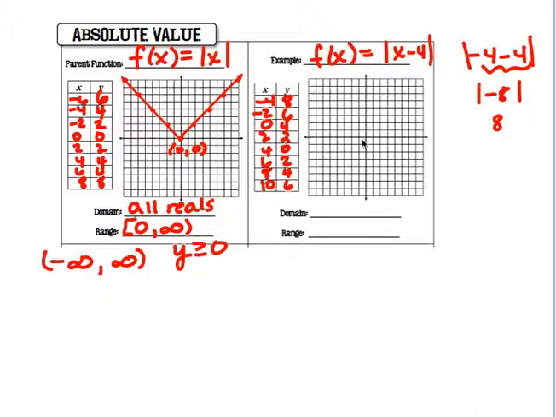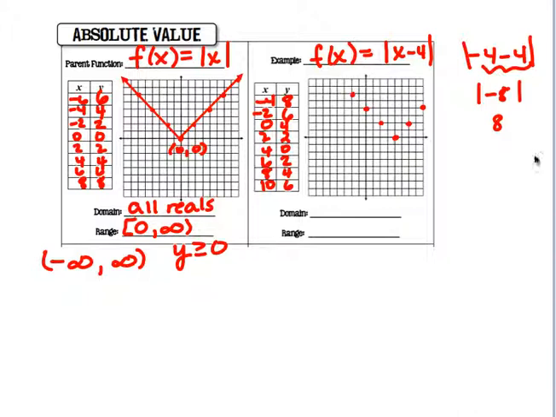So this one starts off, as far as the vertex goes, 1, 2, 3.